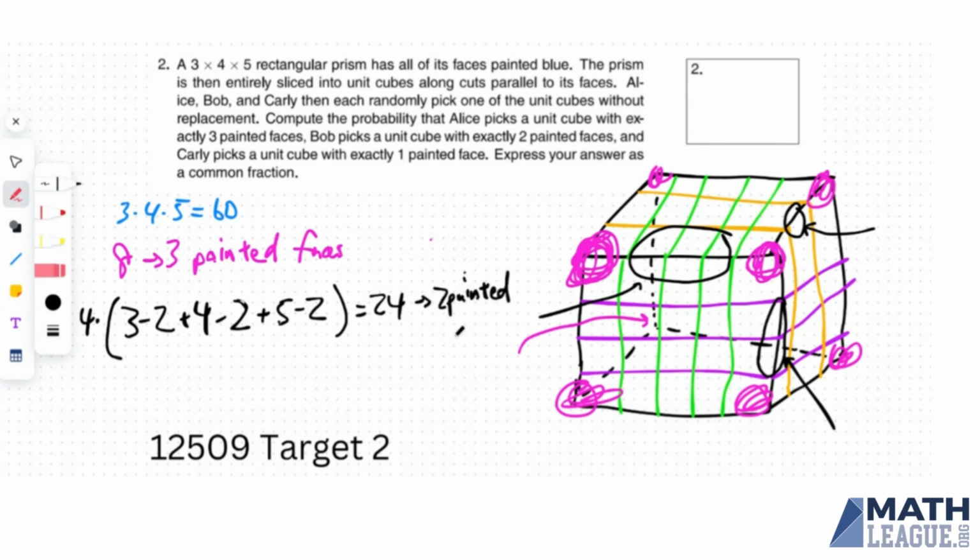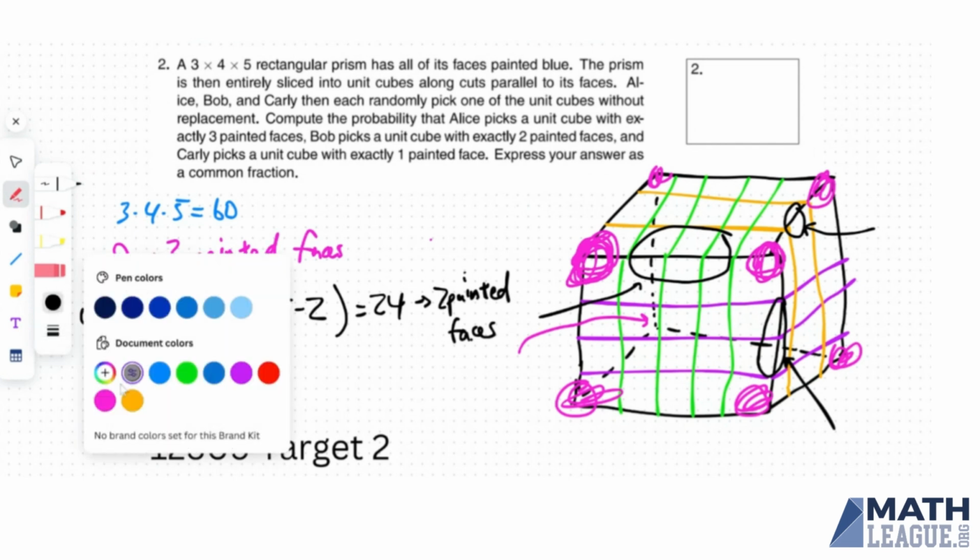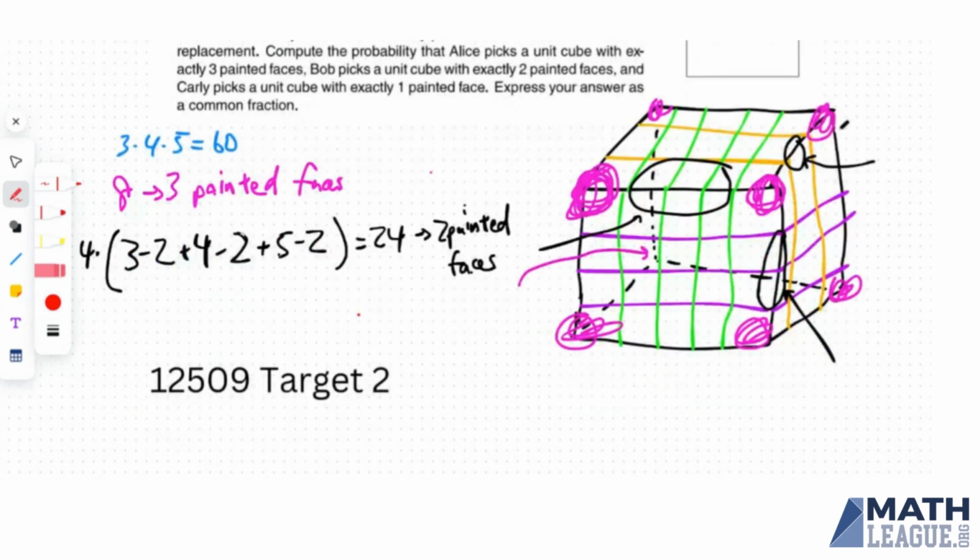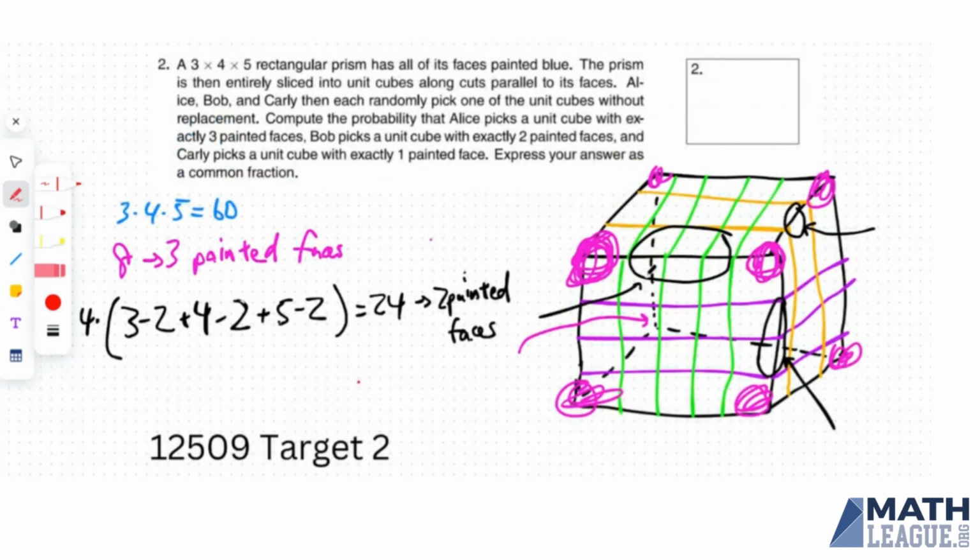Now, we could count the ones with 1 painted face by going along each face and figuring out what's on the inside of the face, not on any of the edges. But it actually is easier, I think, to find the number with 0 painted faces, which is the ones in the middle of the original rectangular prism. We just have to find the volume of a smaller rectangular prism that is 2 units smaller in each dimension, because we go in 1 unit on each side.